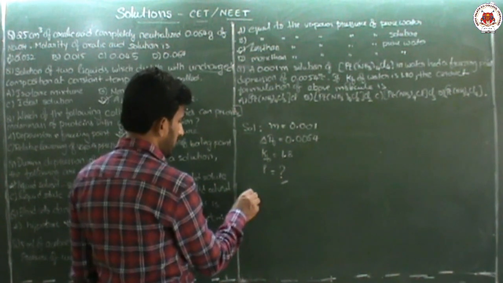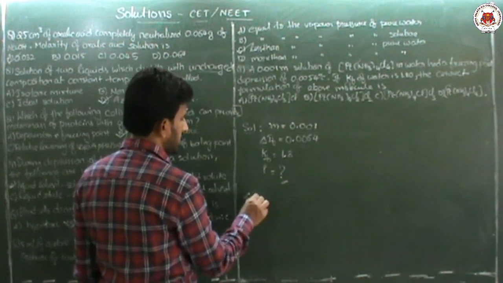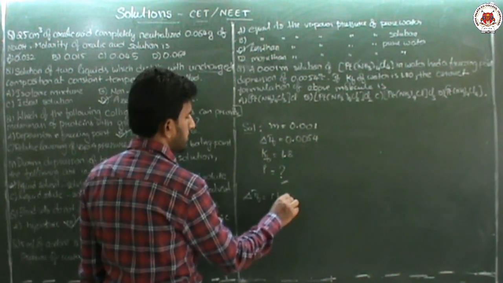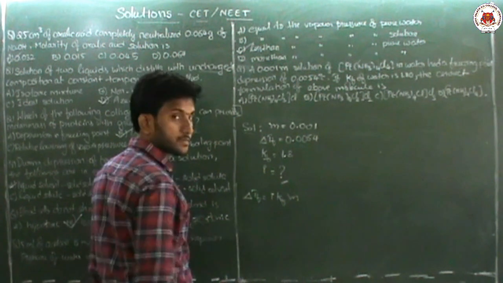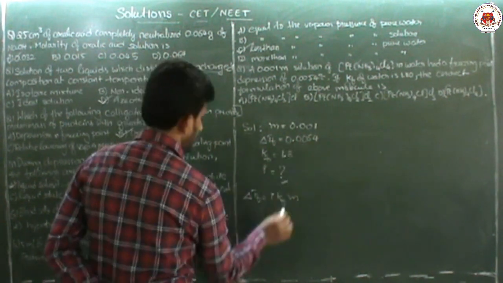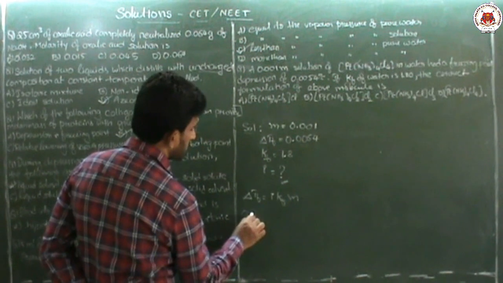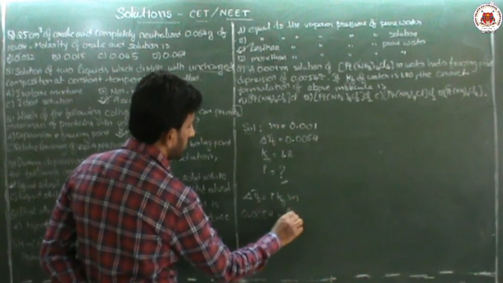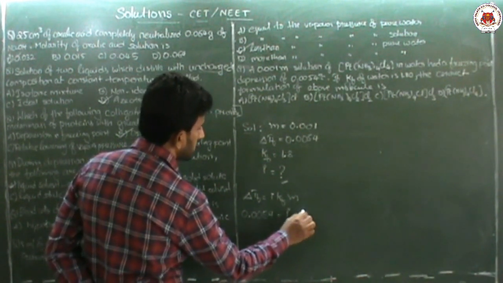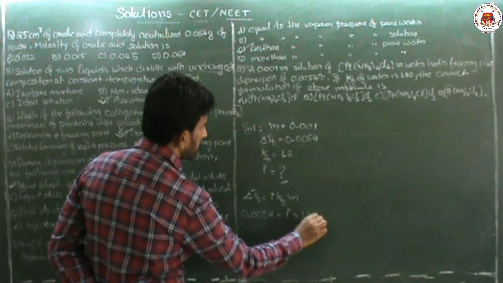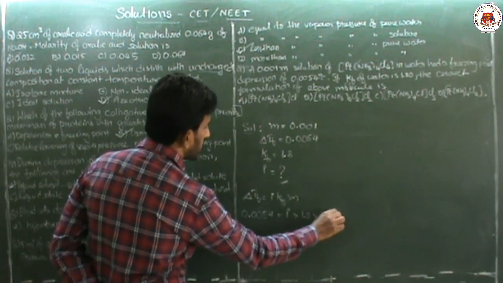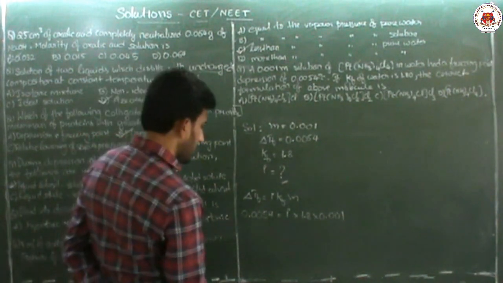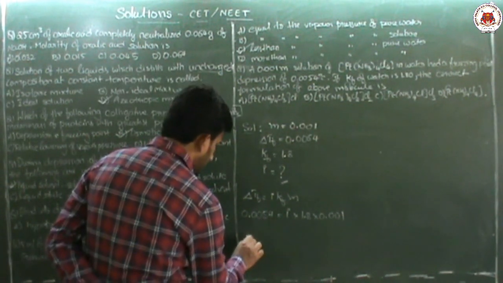According to the formula, depression in the freezing point, delta Tf, is equal to i into Kf into molarity. So 0.0054 is equal to i into 1.8 into 0.001.